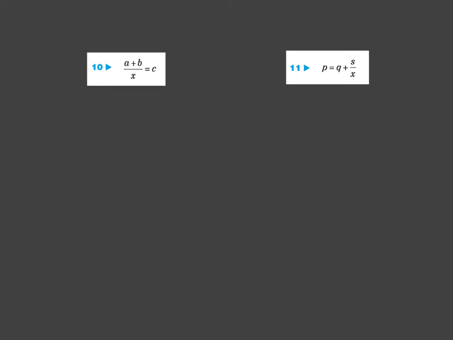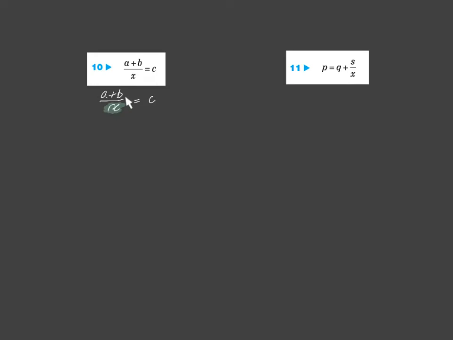The next two questions both have x in the denominator, there and over there. So we're going to practice magic maths again. In number 10, it's a plus b over x is equal to c. I'm going to multiply both sides of this equation by x so that I'll both get rid of my fractions and x won't be in the denominator anymore.